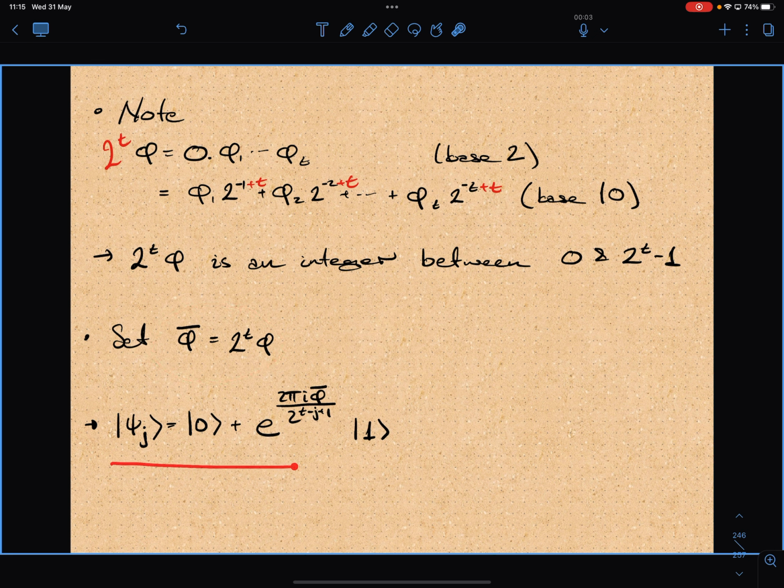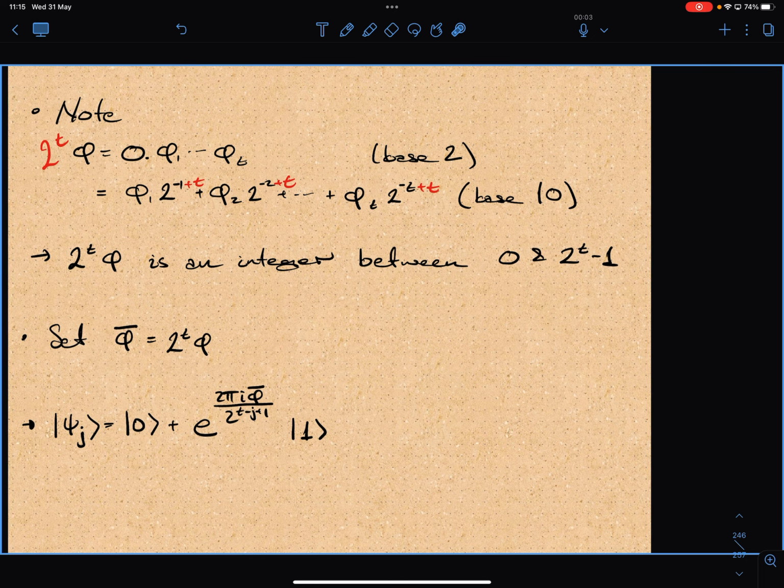I can write that psi j, the phase, is going to be given by 2 pi i phi bar over 2 to the t minus j plus 1. So this is half of the circuit, and I prepare each of the psi j's in this way.